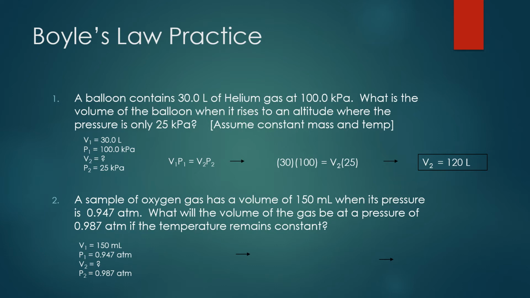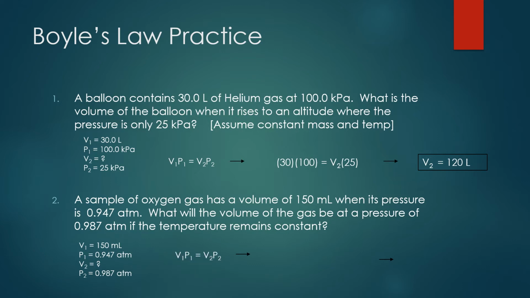Now, in my chart, you notice that we have 150 milliliters for volume 1, our pressure of 1 is 0.947 atm, and our pressure of 2 is 0.987. Remember that our volume needs to be in liters, so you will have to change this in a second. The simple conversion is that there are 1,000 milliliters in 1 liter.